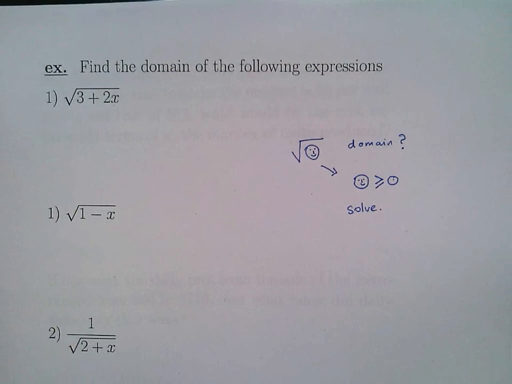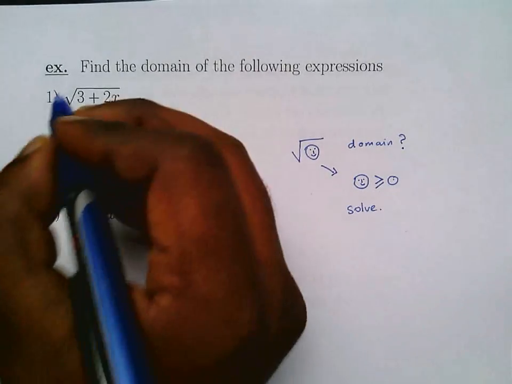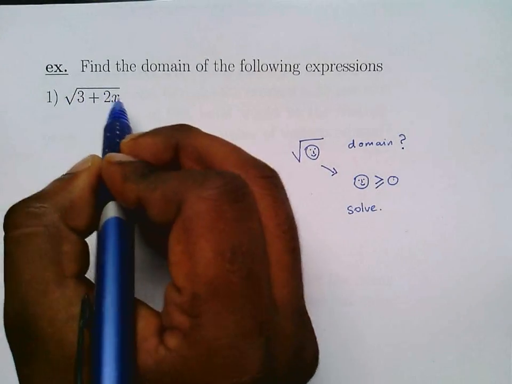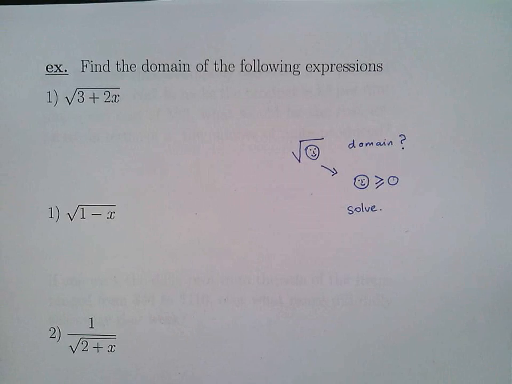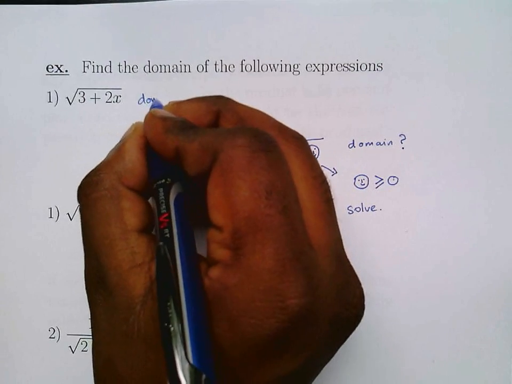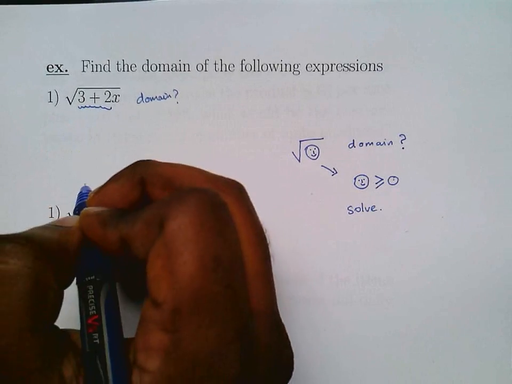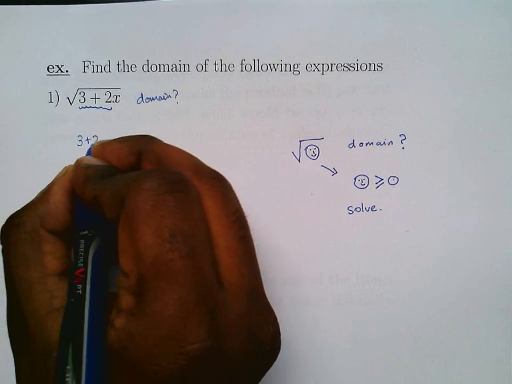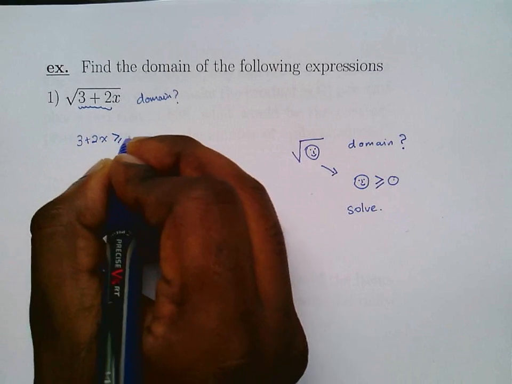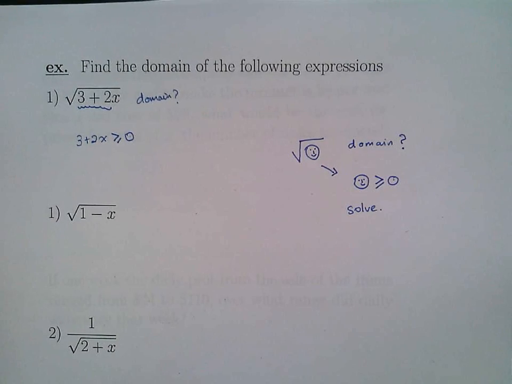So there's a really nice example in this example 1. You have square root of 3 plus 2x and the question is domain. So you will take the inside without the square root, 3 plus 2x, set it greater than or equal to 0 and try to solve it.